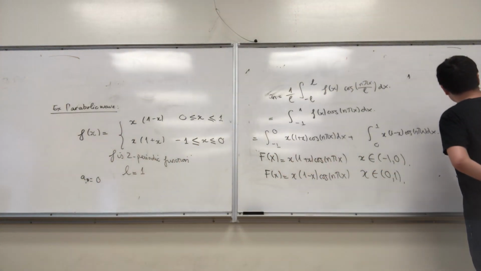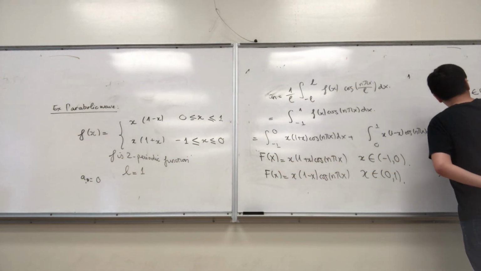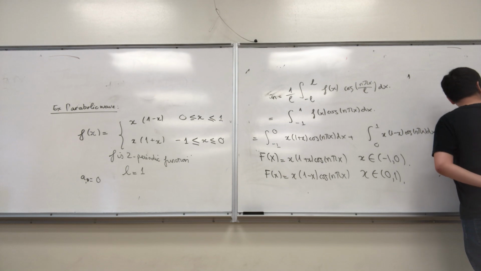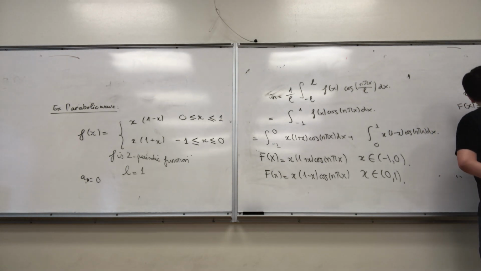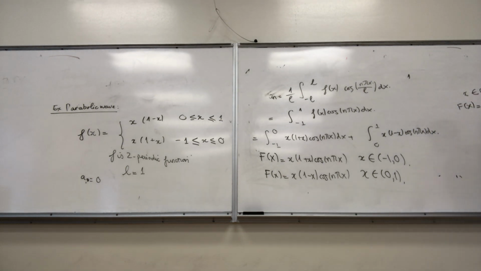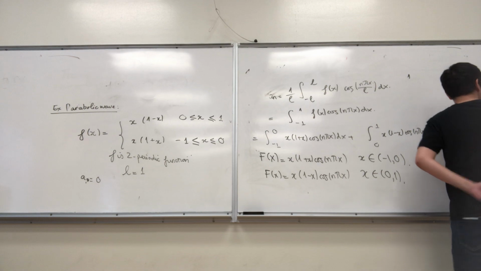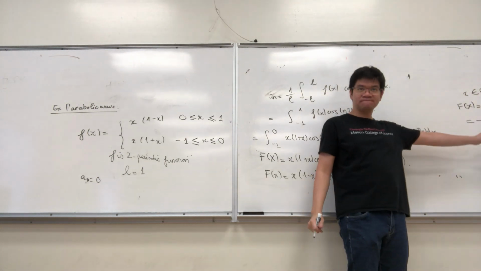So now when x is from 0 to 1, I'm going to write f(x) will be x(1 - x) cosine of n pi x. So I'm going to replace x by minus x.